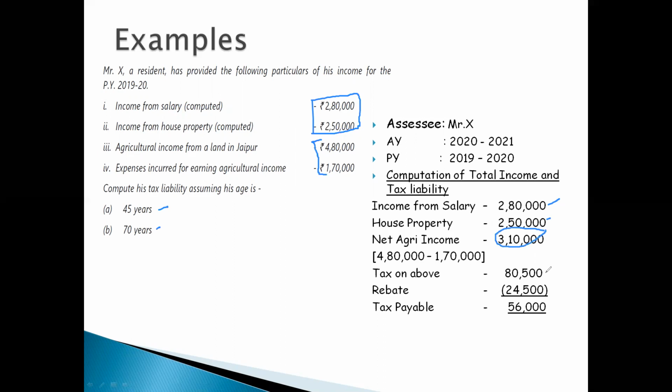For that, we first calculate the tax as if it had been included in the total income, and the rebate will be calculated like the net of income plus the basic exemption limit available, which is 2,50,000 in the first case, and on that amount tax will be calculated on a regular basis, and then the rebate is found out. The balance is now tax payable. The calculation will vary between the 45 and 70-year-old because there will be a difference of basic exemption. Say if it was a super senior citizen, then 5 lakh should be added to the agricultural income.